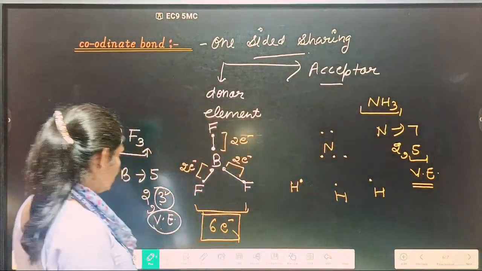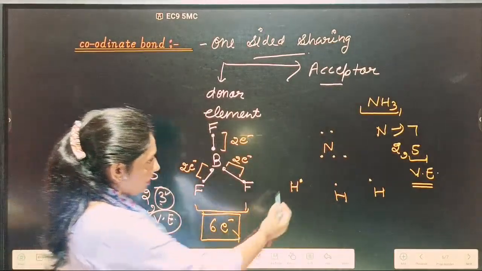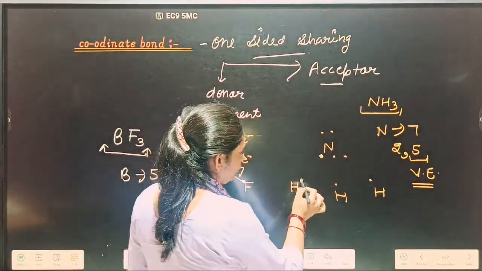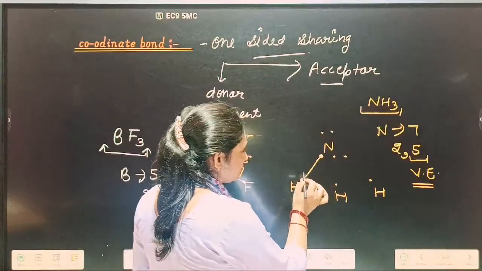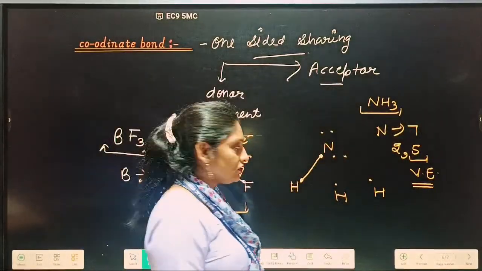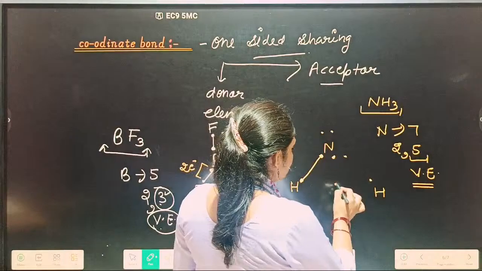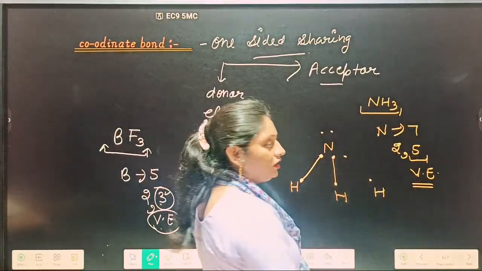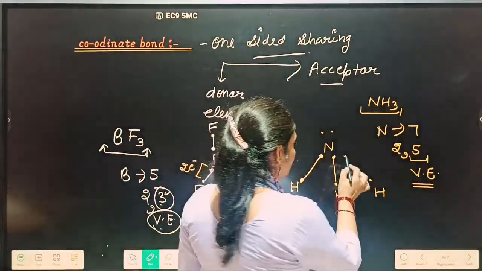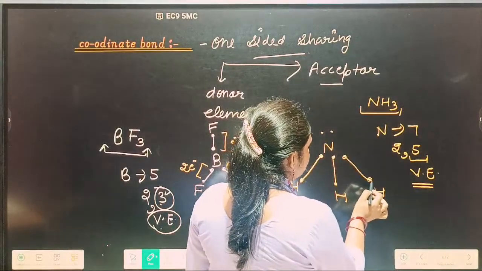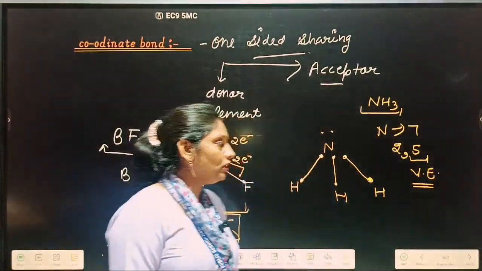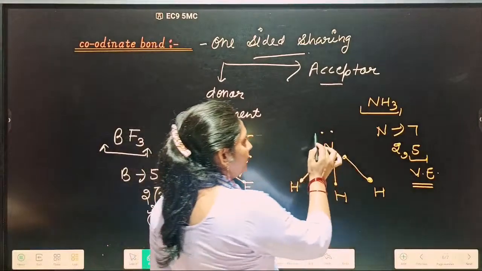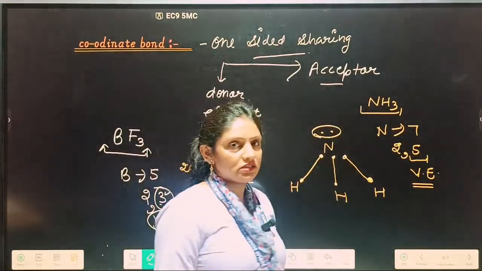Nitrogen forms 1 bond by mutual sharing of 1 electron with this hydrogen, 1 bond with this hydrogen, and 1 bond with this one. Then it is forming only 3 bonds, but one lone pair is here.